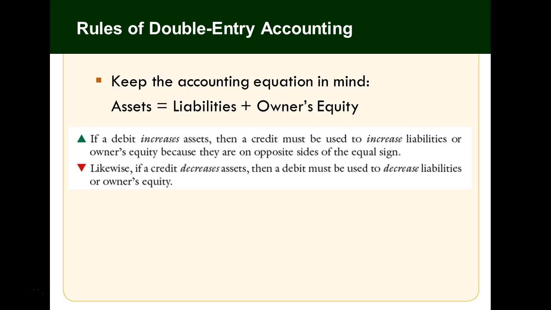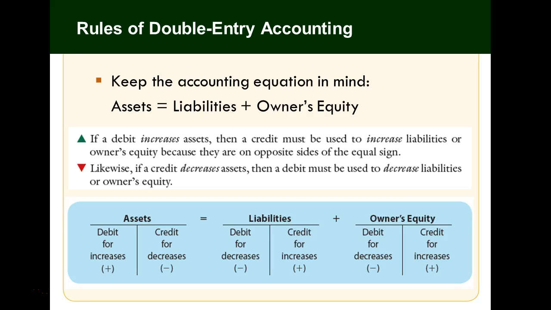Hang in there with me. So, let's look at this. Remember always, assets equal liabilities plus owner's equity. The left-hand side of an asset account, the debit side, increases assets.